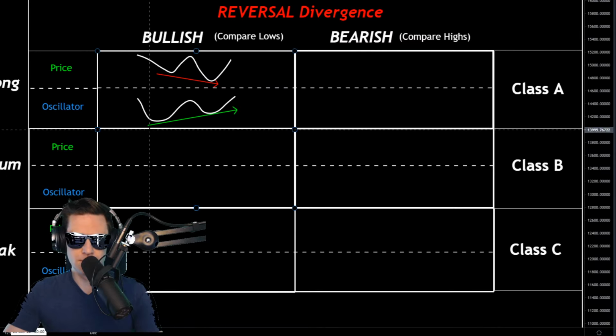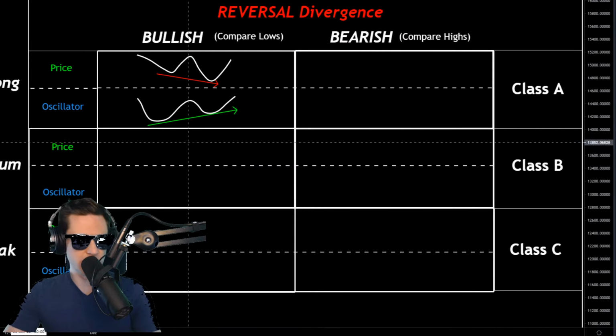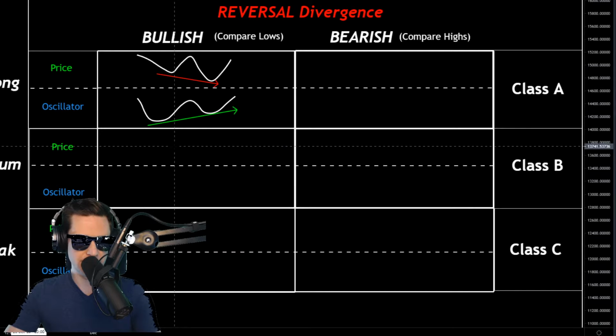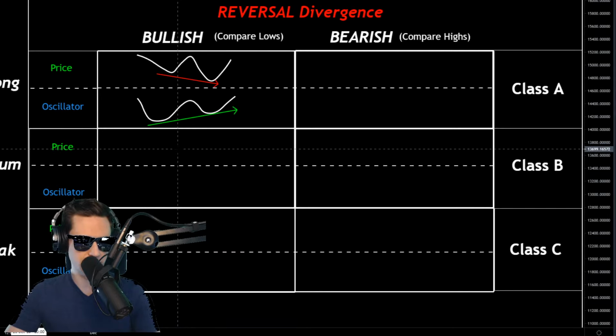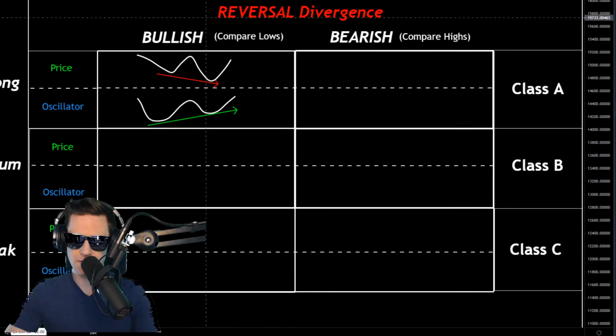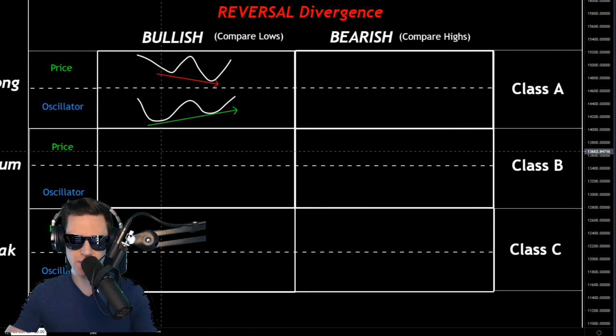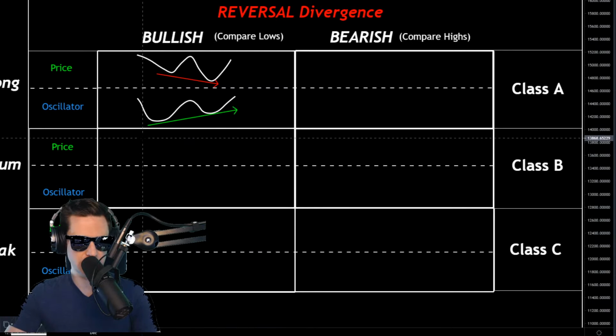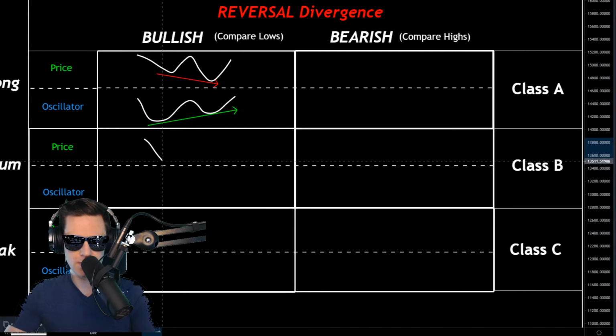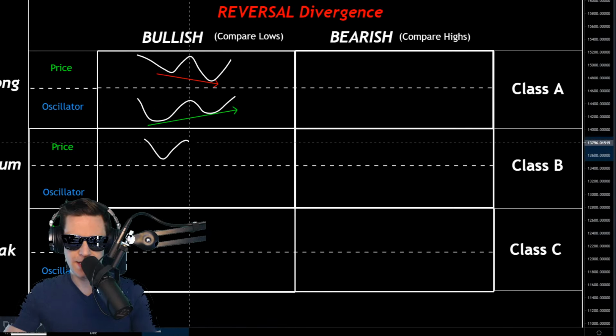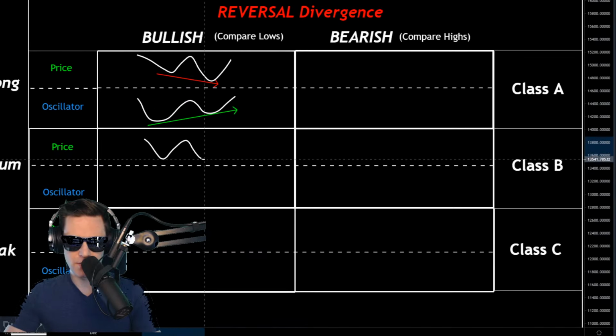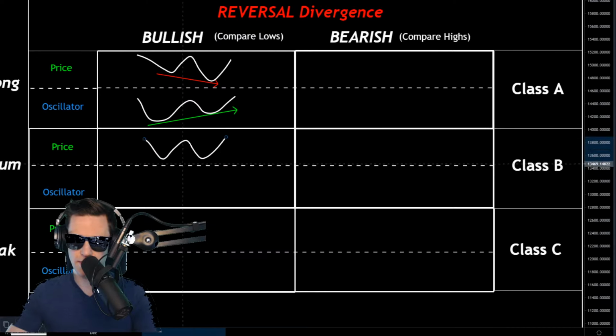Medium bullish reversal divergence is the same setup. As we said, when we're looking at bullish reversal divergence, we're looking at the lows. So price action, that's a low, rallies, and then sets an equal low before rallying again.